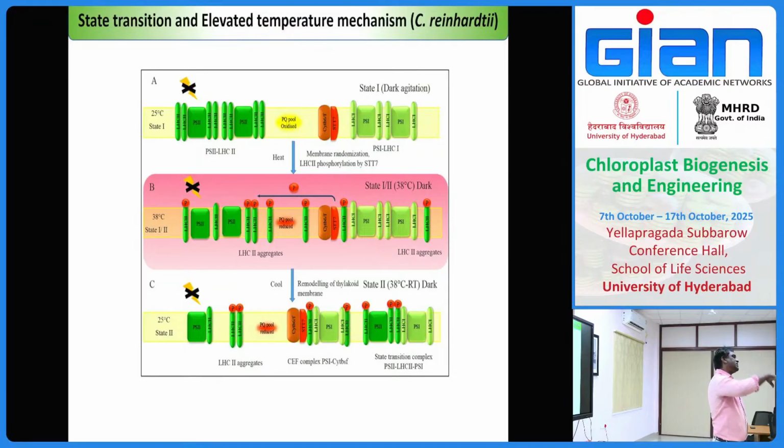The same gene is not in Chlamydomonas. There was one last class, Vijay, you presented, right? They put the gene into Chlamydomonas and expressed astaxanthin there. Nannochloropsis genes?